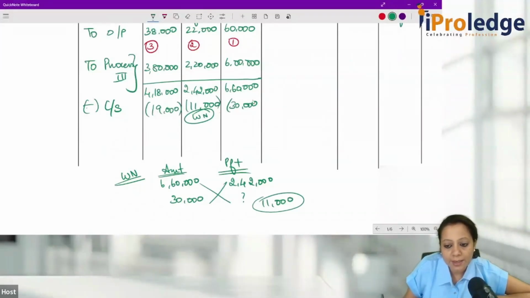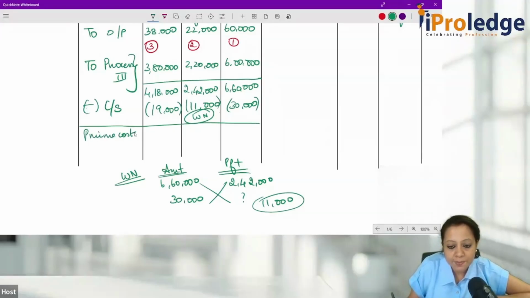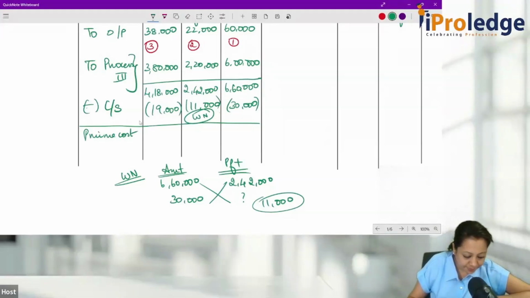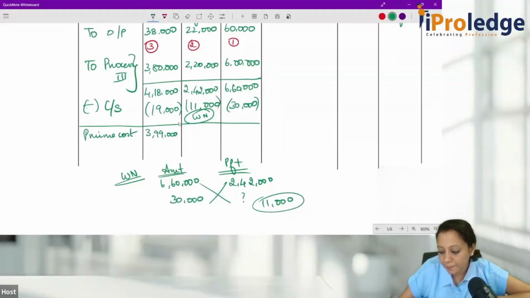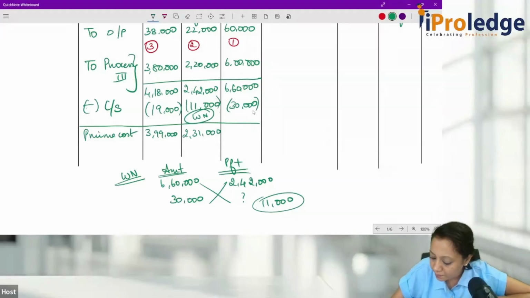So again, you all can number it as 1, 2, 3 if required. So then we have prime cost. 3,99,000. 2,31,000. 6,30,000.